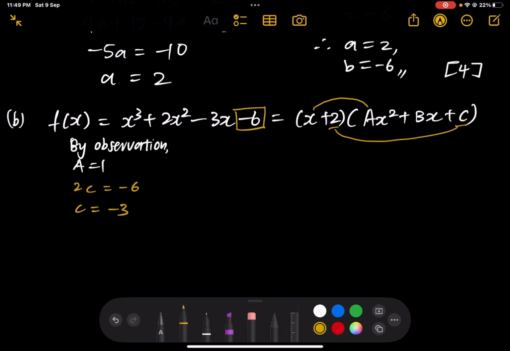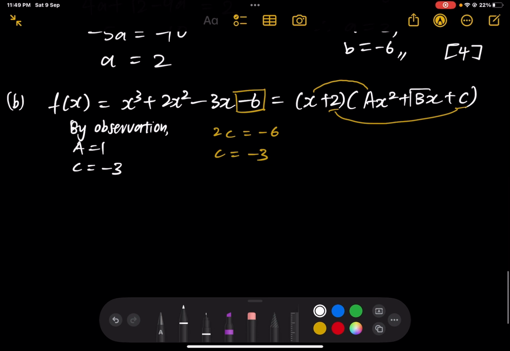So, my c is minus 3. Next, I want to find b. Now, let's look at the terms that we could use to find b.